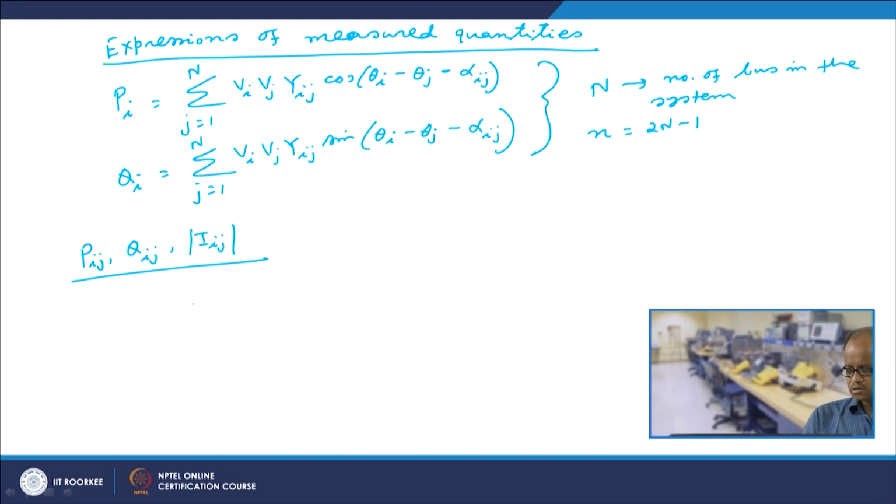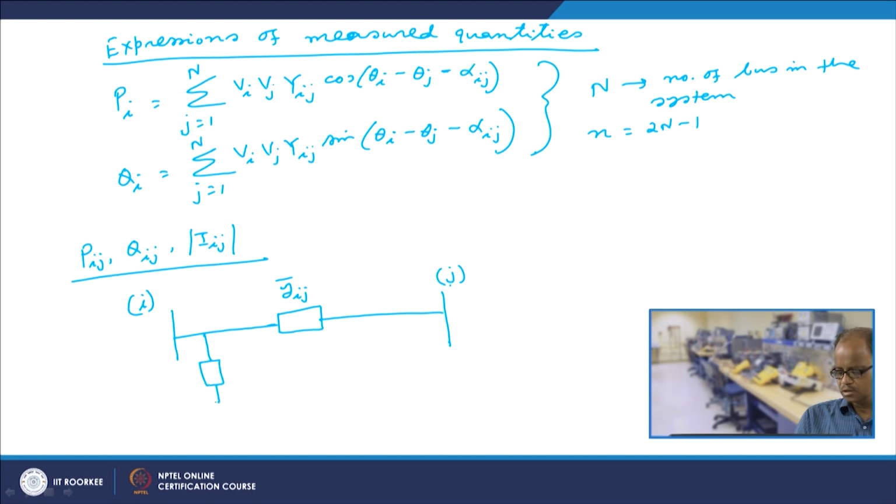To know that, let us consider a transmission line. This is bus i, this is bus j. In between there is a line, let us say this has an admittance Yij, which is a complex quantity, and this is Y shunt, and this is also Y shunt. So it is a standard pi model. These are all complex admittances, so we must write that these are not vectors.